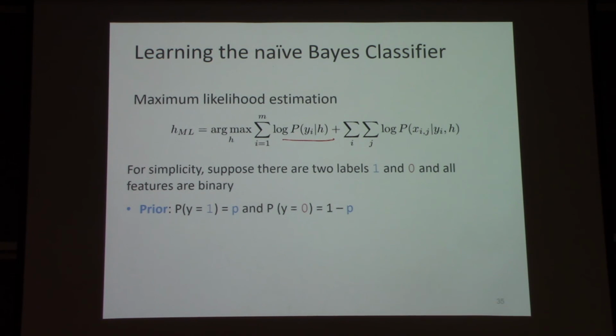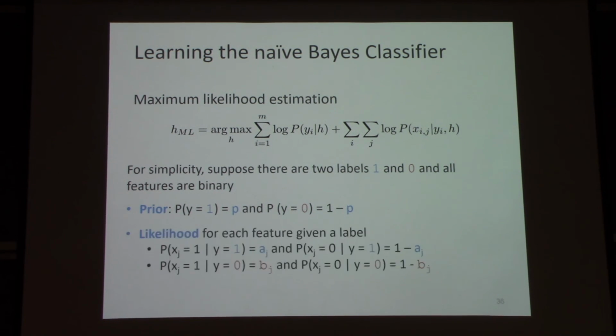Similarly, I assume that each feature is Boolean as well. So I can define the likelihood in the following way. Let's just look at the first line here. I assume that the probability that the jth feature is 1 when the label is 1, let's call it aj. Which means the probability that the jth feature is 0 when the label is 1 is 1 minus aj. I'm making an assumption here.